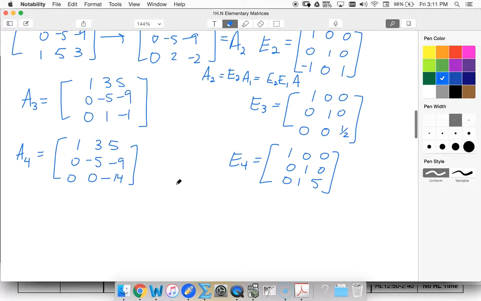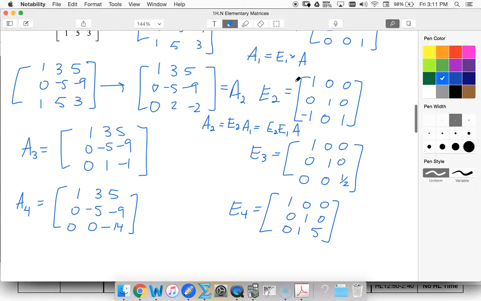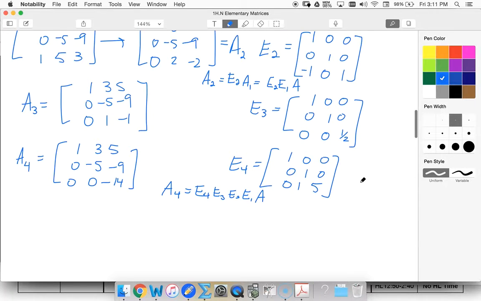Okay, so there's A4. And remember, A4 I could write as E4 times E3 times E2 times E1 times A. Divide by negative 14 is going to give me a positive 1 down here, which is what I want.